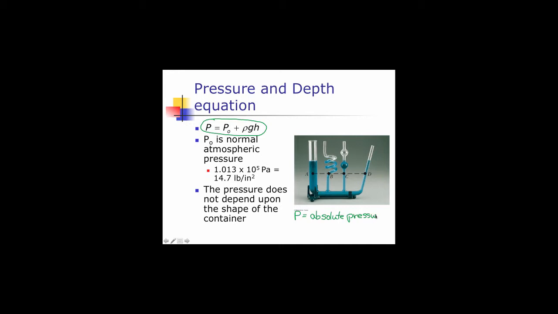So P is absolute pressure, and rho g h is what is called gauge pressure.